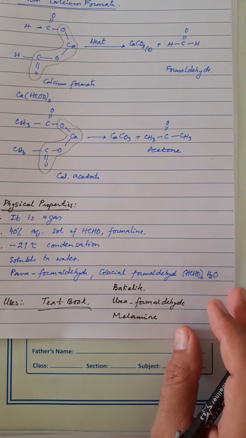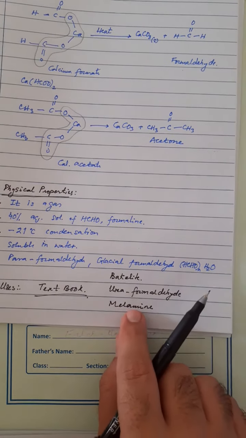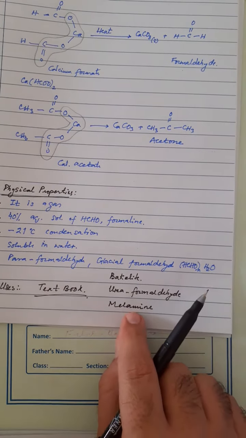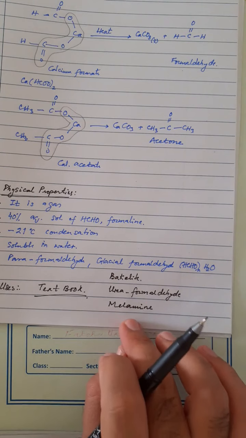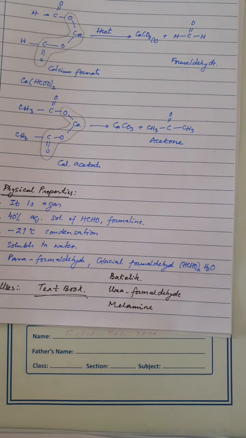Melamine is unbreakable plastic. And if you go to marriage functions and shadi halls, you will see that all plates are made from melamine. It's an unbreakable plastic, and it is very widely prepared from formaldehyde. So plastics are made from it.